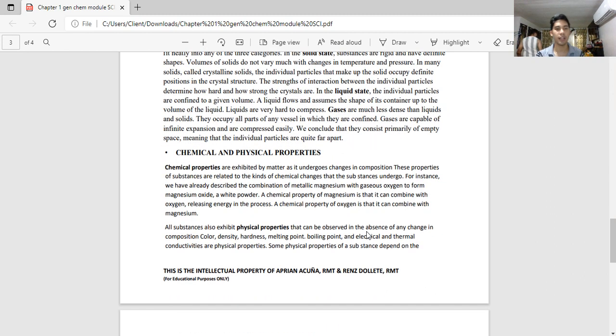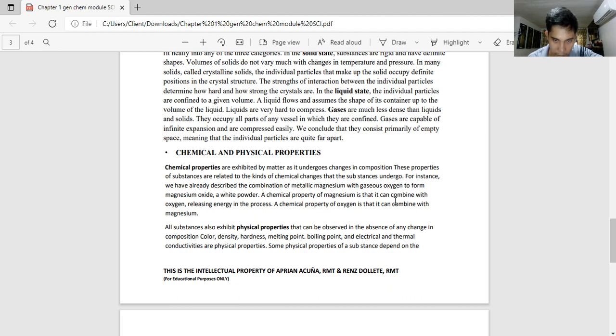Next is the chemical and physical properties. Your chemical properties are exhibited by matter as it undergoes changes in its composition. These properties of a substance are related to the kinds of chemical changes that the substance undergoes. For instance, we have already described the combination of metallic magnesium and gaseous oxygen to form the compound magnesium oxide.